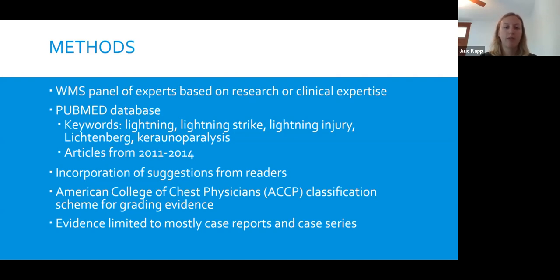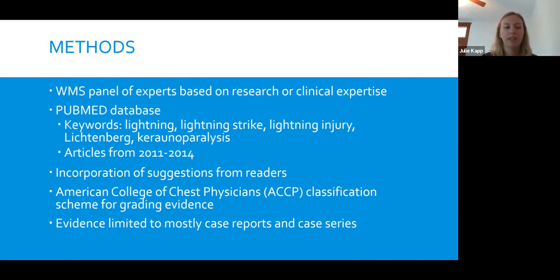They replicated the PubMed database search, looking for articles from 2011 to 2014, using the same keywords that were used in the 2012 guidelines. Those keywords were lightning, lightning strike, lightning injury, Lichtenberg, and coronal paralysis. There was also an incorporation of suggestions from readers since the past guidelines were published in 2012.